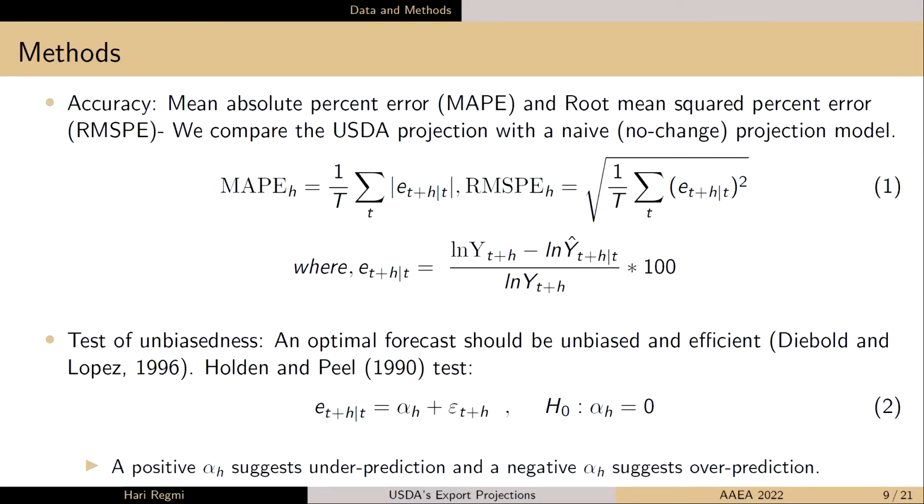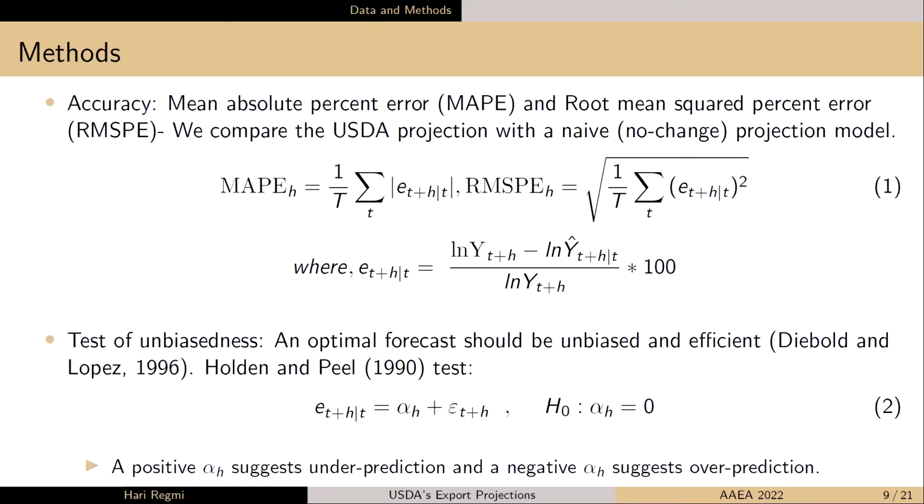The naive projection, also called the no change projection model, is widely used in the forecast evaluation literature as a benchmark. The naive model assumes that the projection for the remaining years is based on the actual value of the previous year. It might not be a good measure, but it's widely used for benchmarking. And if you do not have a sufficient data set to produce an alternative sophisticated time series model, it gives a good indication for comparison purposes.